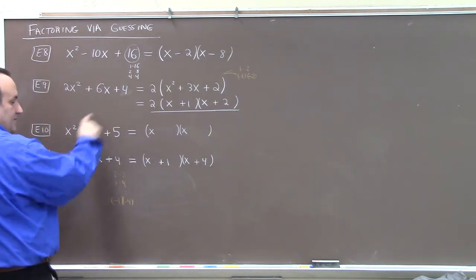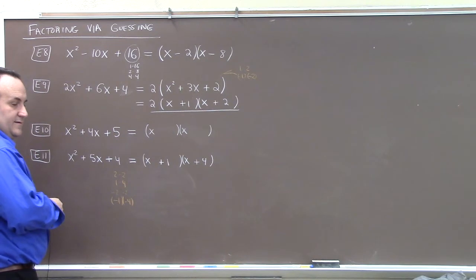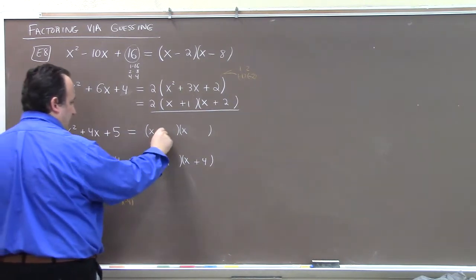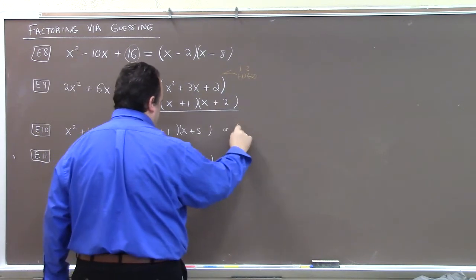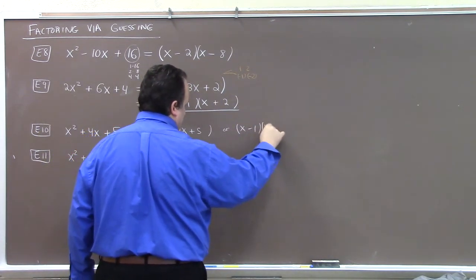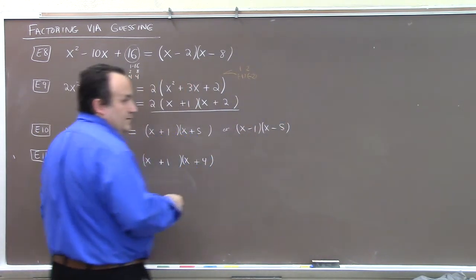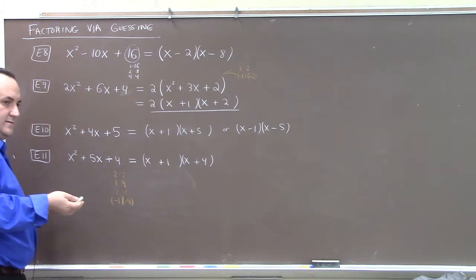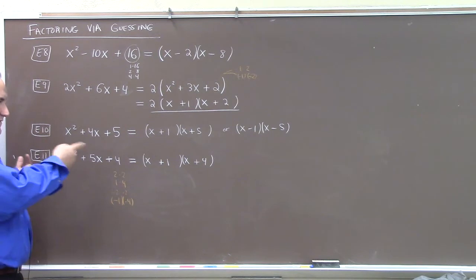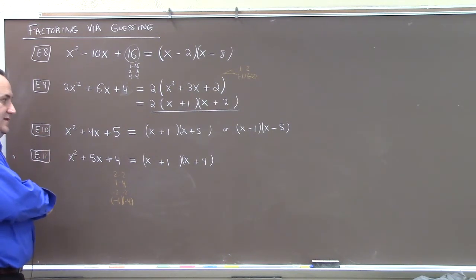Now 5. Yeah, so we're either going to try x plus 1, x plus 5, right? Or what's the other possibility? Those are our potential factorings, right? Does that work, though? It does not work, right?